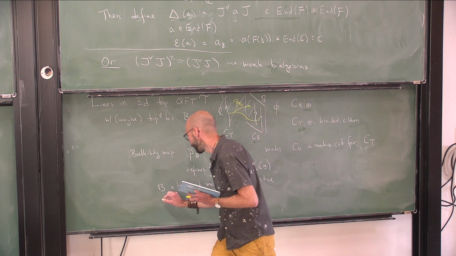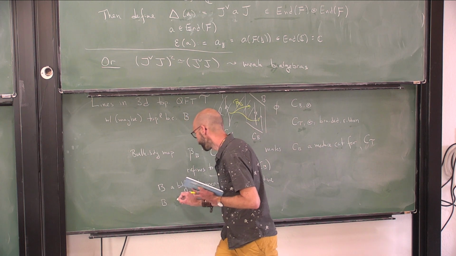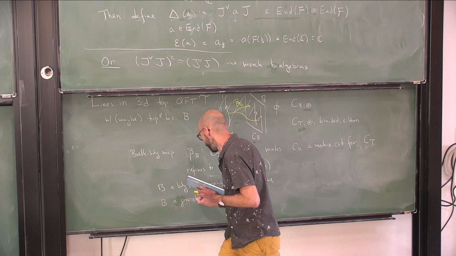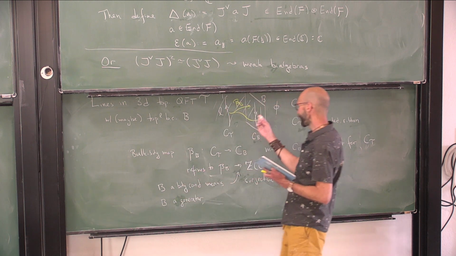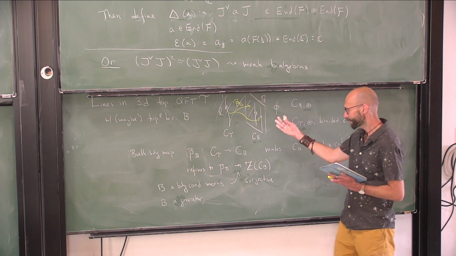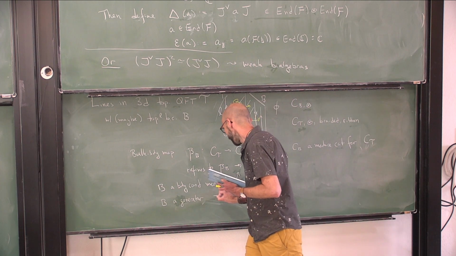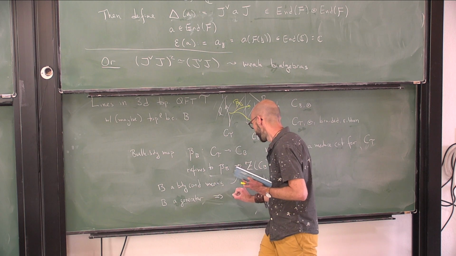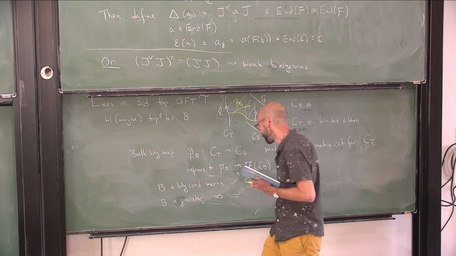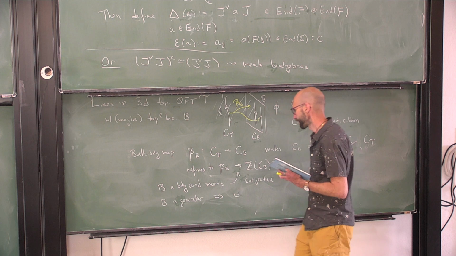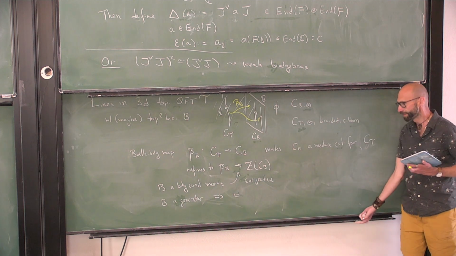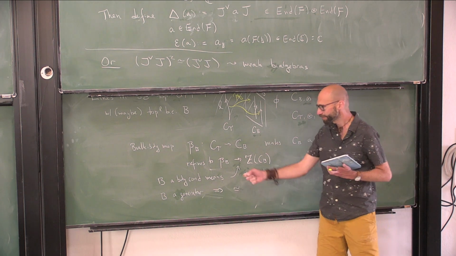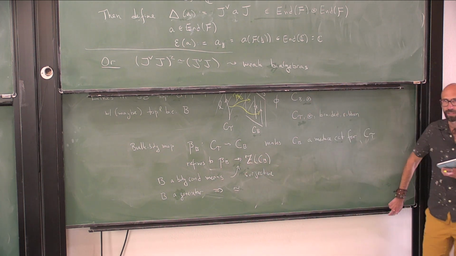And B, a generator for whatever the 2-category of boundary conditions is here, implies that this is an isomorphism. And if the theory doesn't have anything other than line operators around, then that would be if and only if, but sometimes there's more stuff.